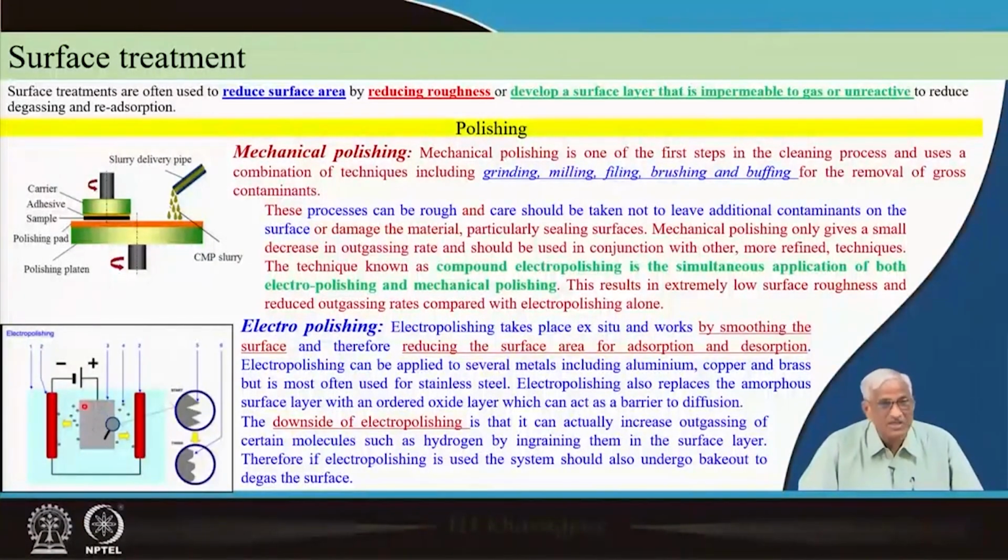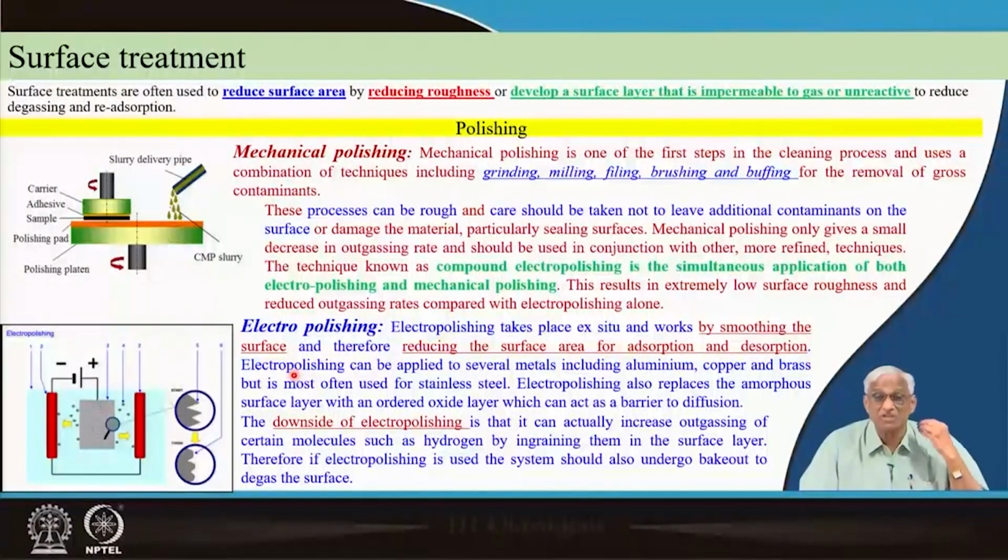You can also use a chemical bath with electrolyte, and keep this as an anode and the other as cathode, and all the dust will slowly come out through the solution. These are electrochemical cleaning, we also call it electro polishing. You can go through this slide to understand the write up, but this is a small write up.